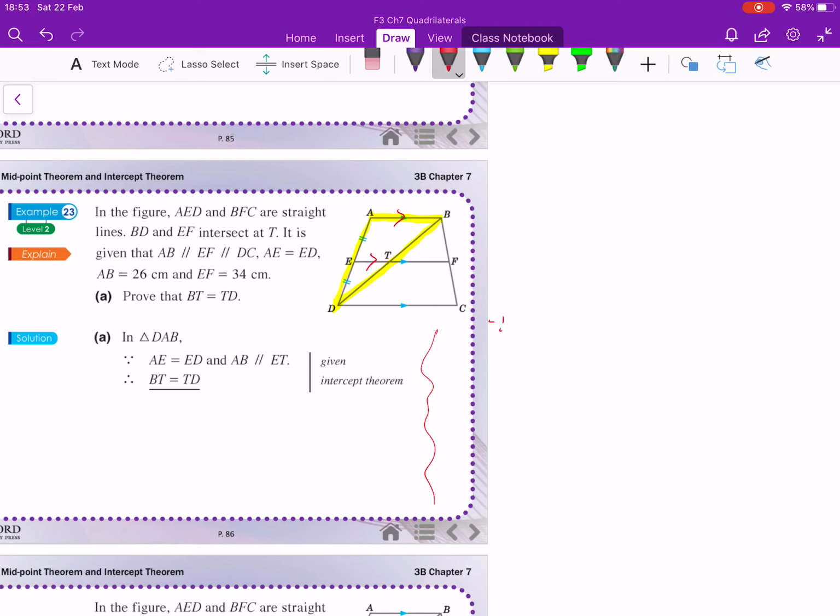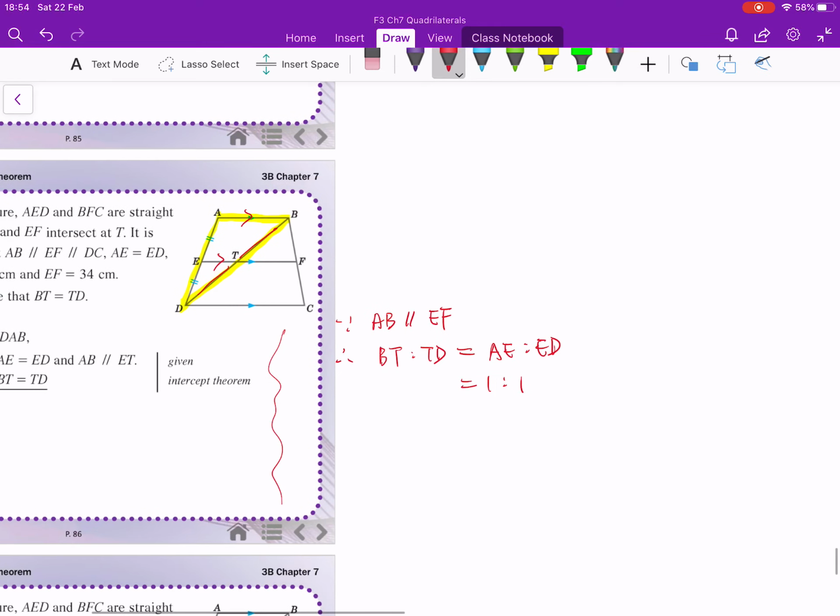So since AB is parallel to EF, or ET, never mind, we have the ratio BT to TD. The ratio cut by the horizontal line equals the ratio on another transversal, AE to ED. And you can see that AE equals ED, which means this is 1 to 1.